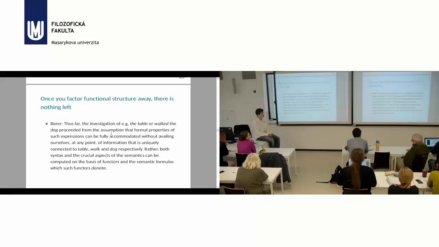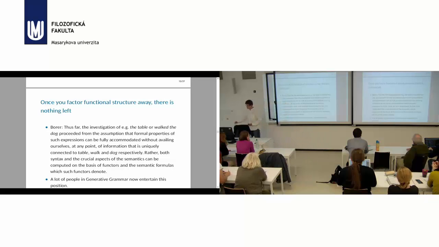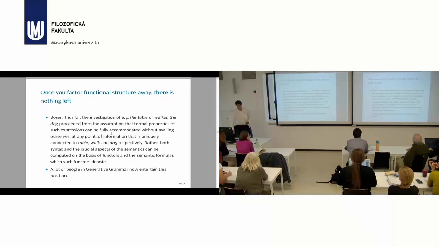Rather, both syntax and the crucial aspects of the semantics can be computed on the basis of functors, by which she means the functional categories, and the semantic formulas which such functors denote. Okay, so she's saying in order to explain syntax and semantics, you can ignore the lexical categories and only look at the functional categories. That's what she's basically saying. And I think there are a lot of people in generative grammar who entertain that position, and it shows a general shift of attention from the lexical categories to really trying to understand the grammatical part of grammar.